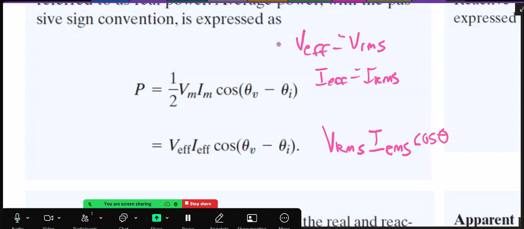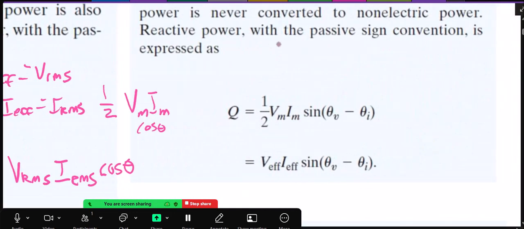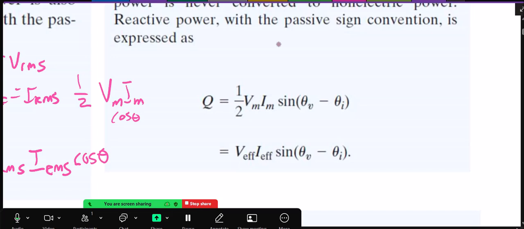Or if you have just the maximum, the peak, the power is 1/2 V maximum, I maximum cosine theta. And then the reactive power is the same, except it's sine instead of cosine.